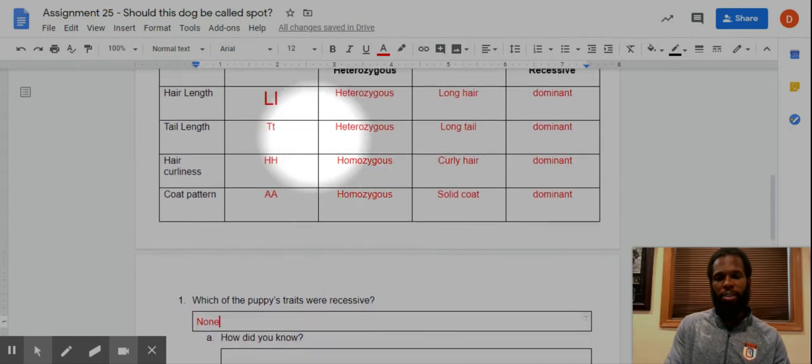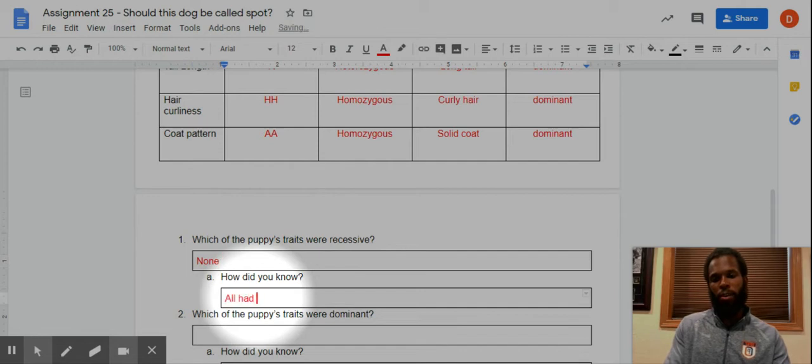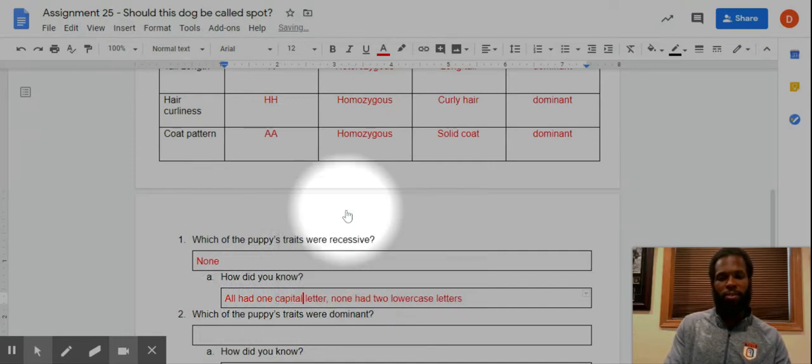Well, because none of them had two lowercase letters, or they all had at least one capital letter. So they all had one capital letter, and none had two lowercase letters. Okay? The only way it's recessive is to have two lowercase letters.